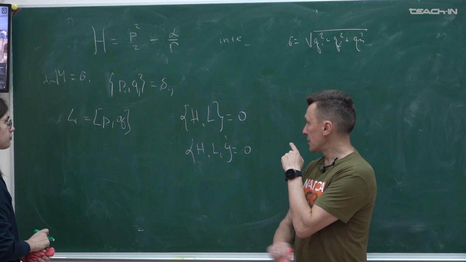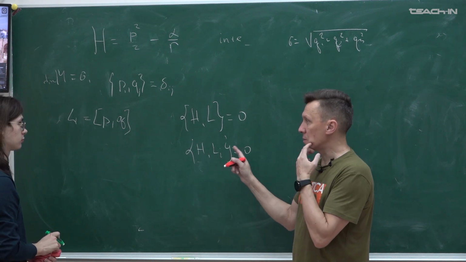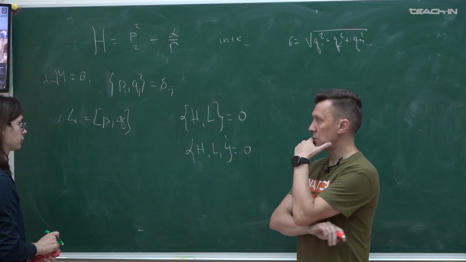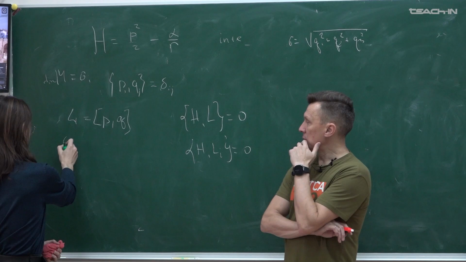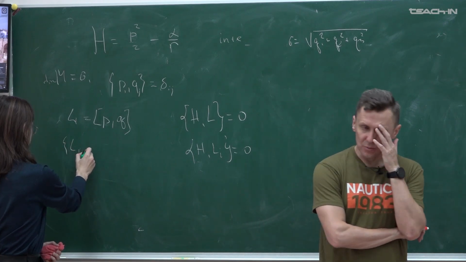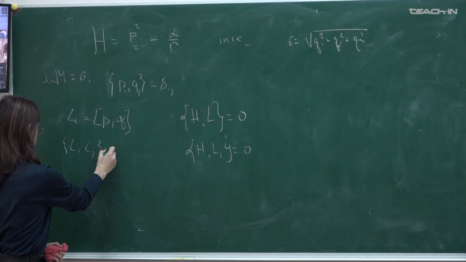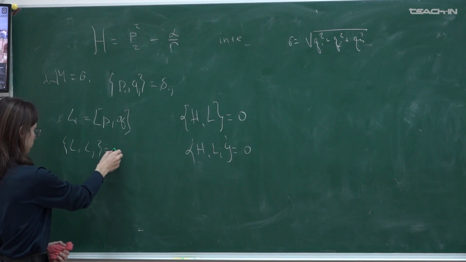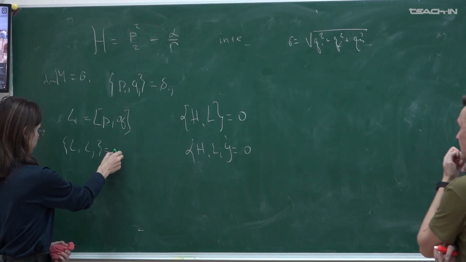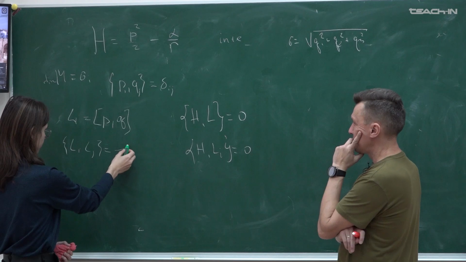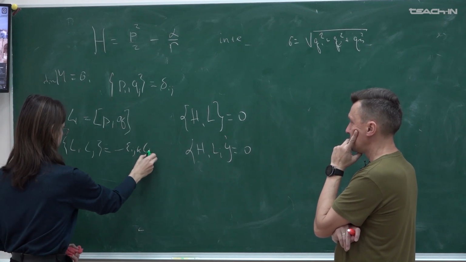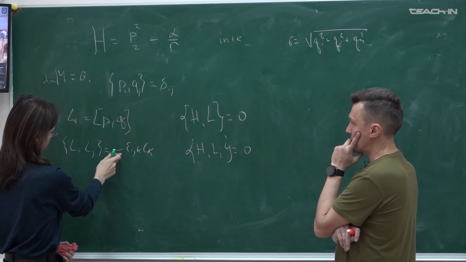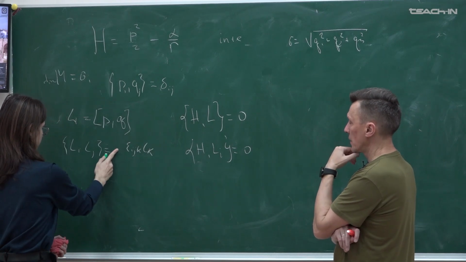But the components of the angular momentum are not in involution. Do you remember the Poisson brackets between components of the angular momentum? Minus or plus? It should be plus, I think.